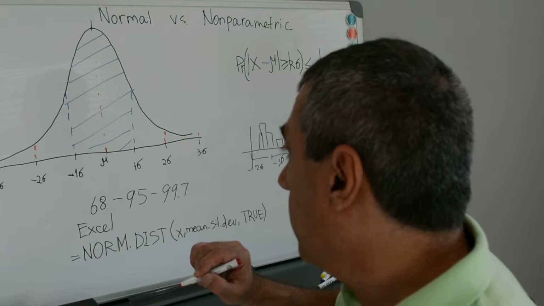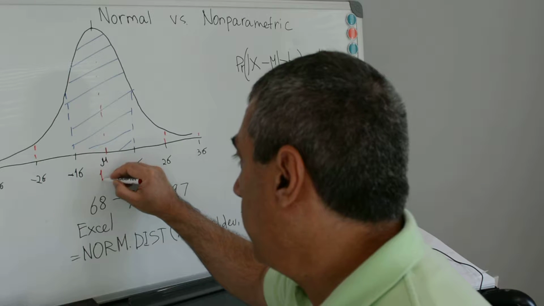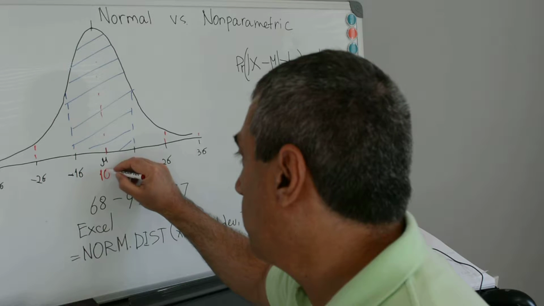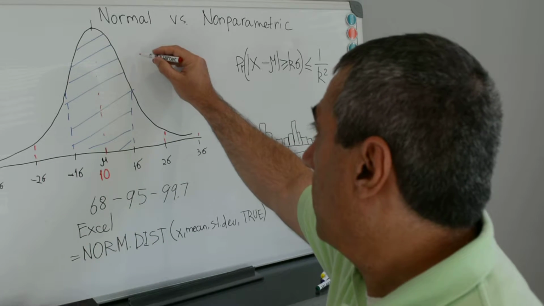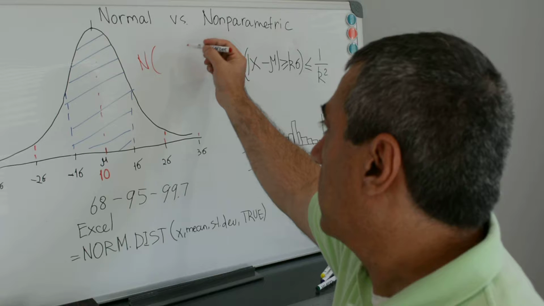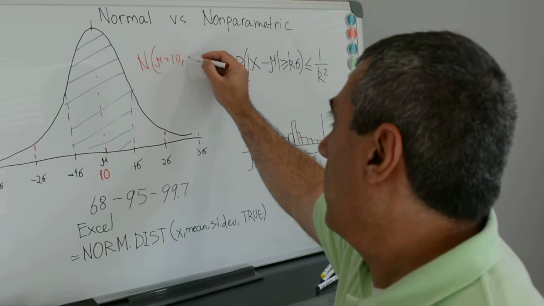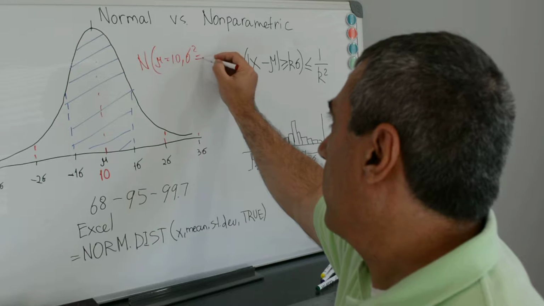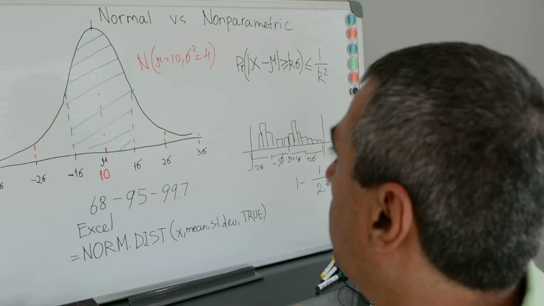In the example in Adobe, we have a normal distribution with mean 10 and standard deviation of 2, which could be expressed as mu equal 10 and variance of 4, or standard deviation of 2.